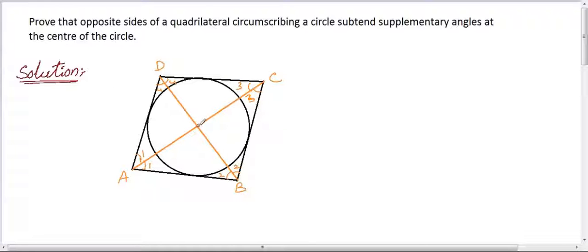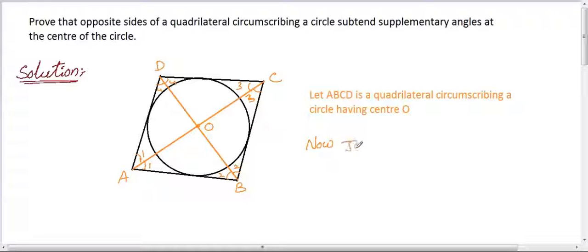And O is the center of the circle. So ABCD is the quadrilateral and O is the center of the circle.